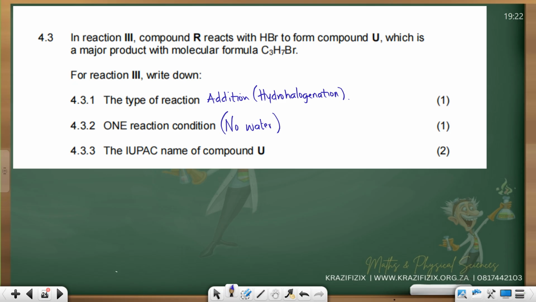I gave you all those notes on organic reactions. The other one that I'm thinking about, I'm trying to remember now. I don't want to give you something wrong. Wait, hydrohalogenation, we can use sunlight or UV light.